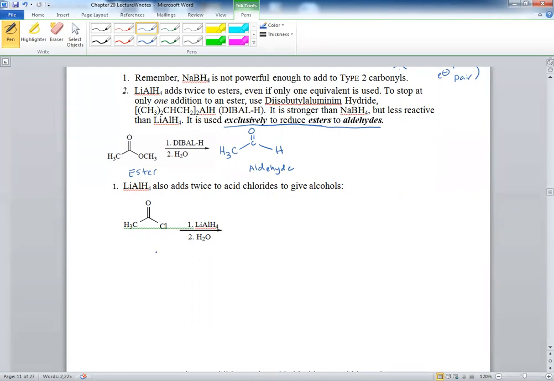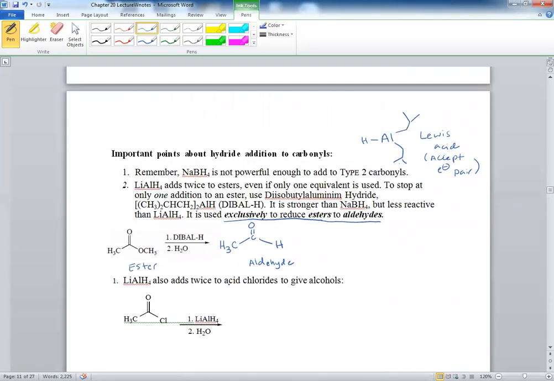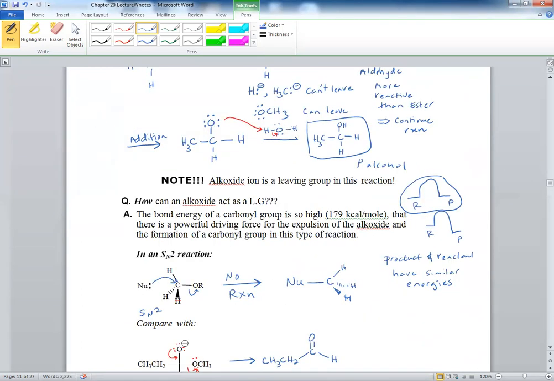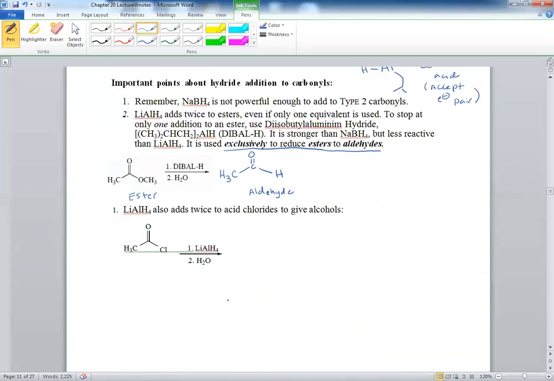The only change that I have here is I replaced the ester, the OCH3 alkoxide group, with Cl. So basically this mechanism will be the same, of course, taking into account the Cl now. So pause the video and work out the mechanism. And then when you're done, you can replay the video.